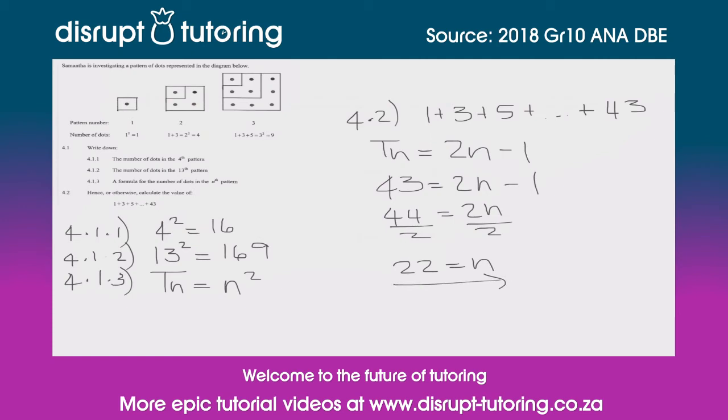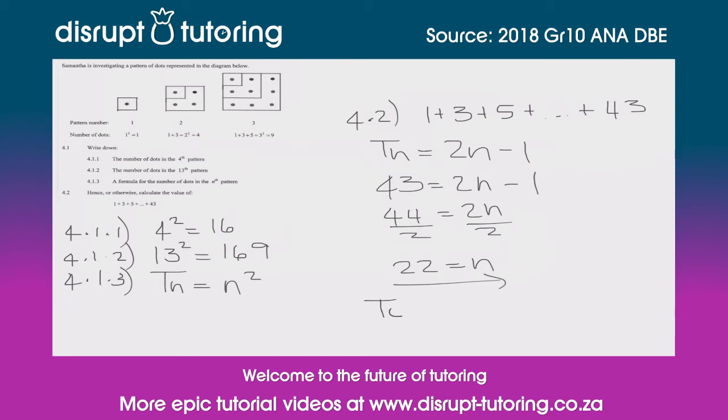Well, let's have a look at our pattern over here. If we've got one part of the sum, we would have 1 squared. If we've got 2, then we've got 2 squared. And if we've got 3, then we've got 3 squared. So this 22 means that we've got 22 terms being added to each other. So we can now use our total dots.